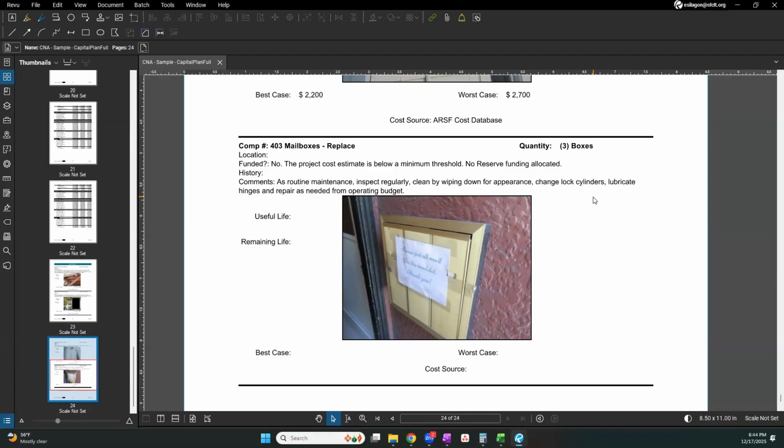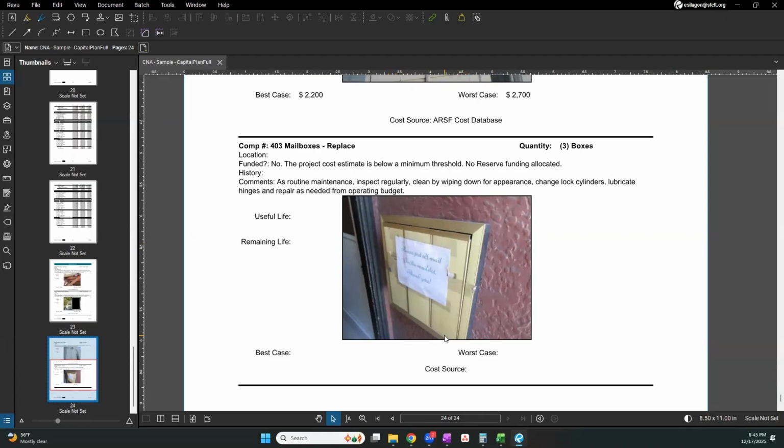However, in San Francisco, we have a lot of break-ins, a lot of mail and package theft. Someone could come here with a screwdriver, just pop this open and take the mail out. So at many of our properties, we see this style of mailbox, and we know that we're going to want to replace it with a high security mailbox. And that's going to cost a significant amount of money.